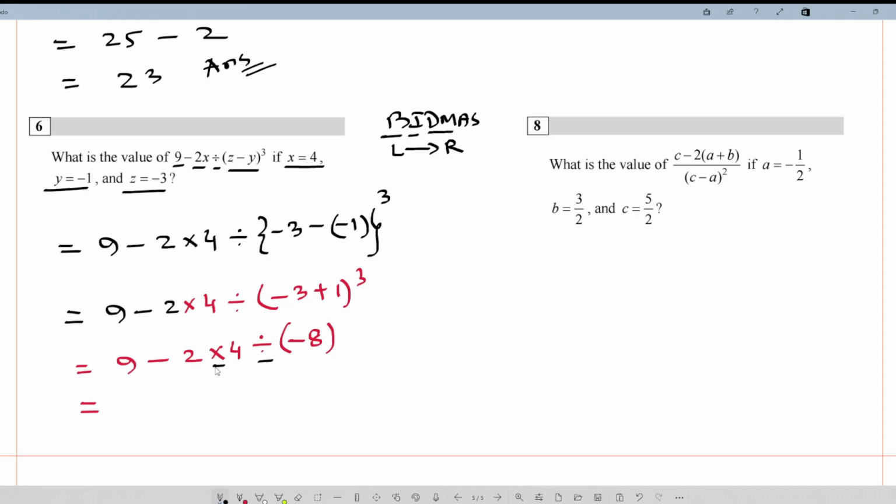So here on the left, first is multiply. So 9 minus 8, okay, divide minus 8. Then 9 minus 8 divide minus 8, it means minus 1, right? Then 9 plus 1, the answer is 10.